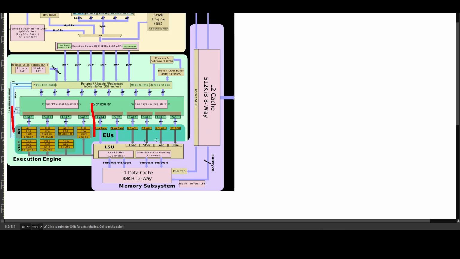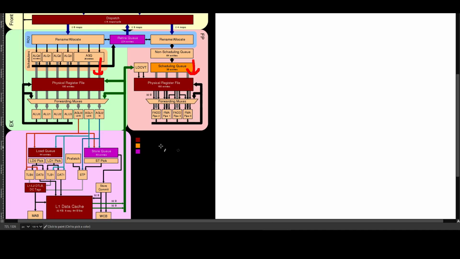The rest of this is mostly to do with data movement. In Zen, of course, the data movement is handled here, but you still see that the ALUs here, there's 4 of them, and then 4 for floating point here.